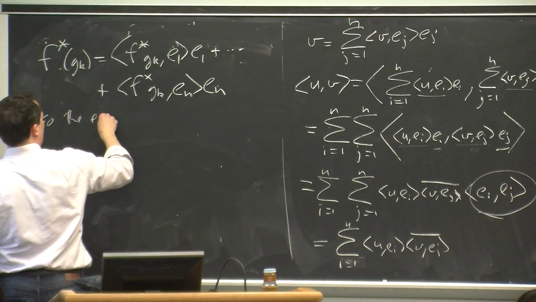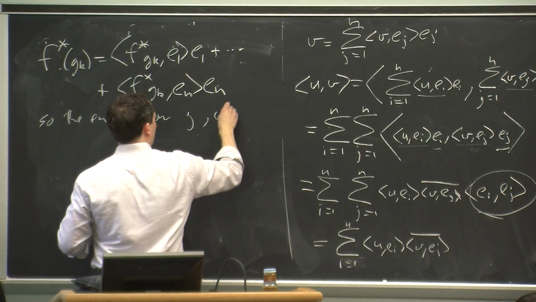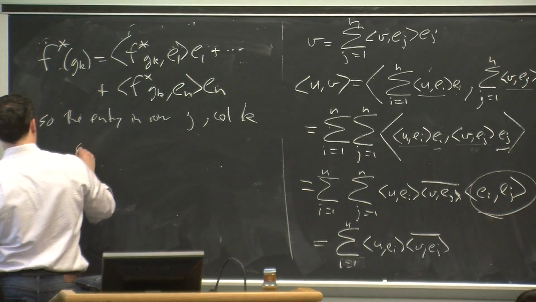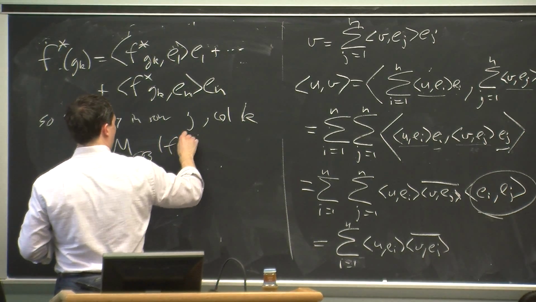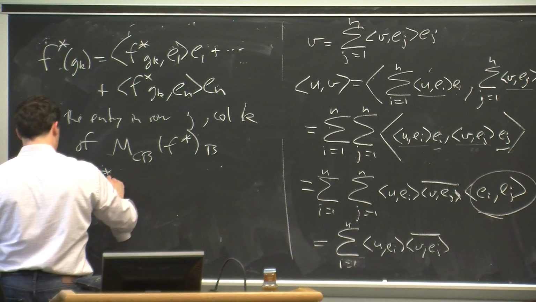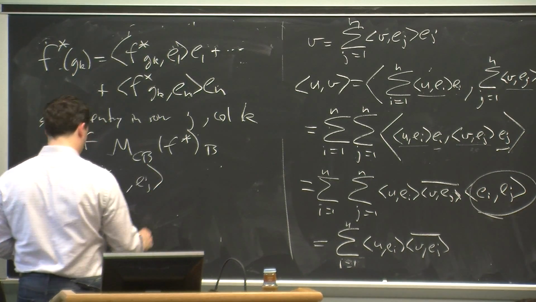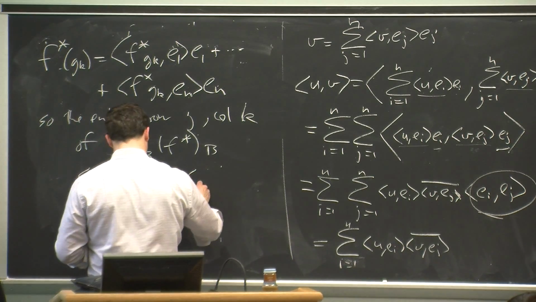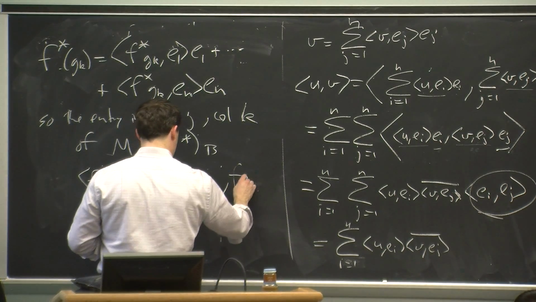So the entry in row j, column k of the matrix of F star is the inner product of F star Gk with Ej, which by definition of adjoint, or by the adjoint equation, is equal to ⟨Gk, F of Ej⟩.